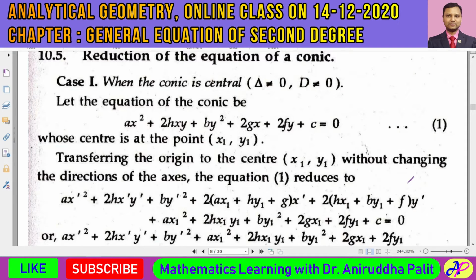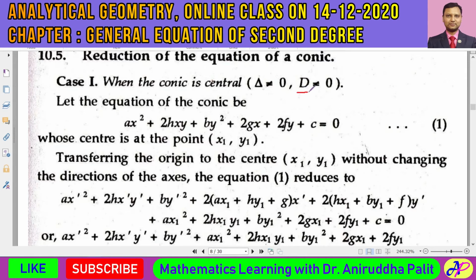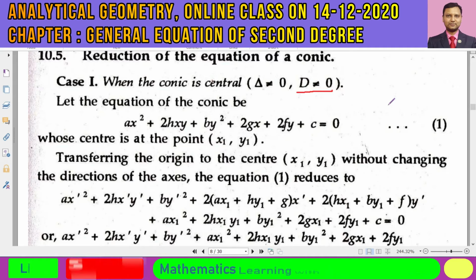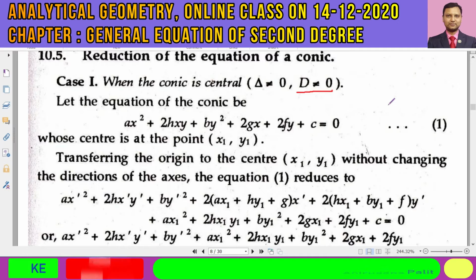And if d is greater than 0 or less than 0, or in particular if d is not equal to 0, then it represents a central conic. Central conic means either it represents a parabola or it represents a hyperbola.